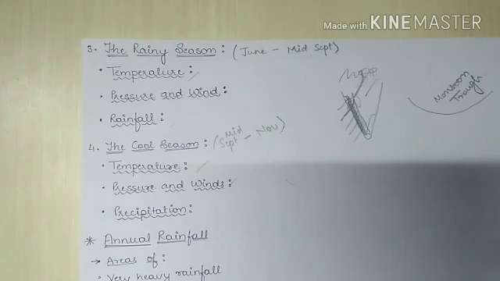The areas most vulnerable to these storms include the coastal belt of Tamil Nadu, Andhra Pradesh, Odisha, and West Bengal. Many of the cyclones which strike the eastern coast cross the southern peninsula and enter the Arabian Sea.